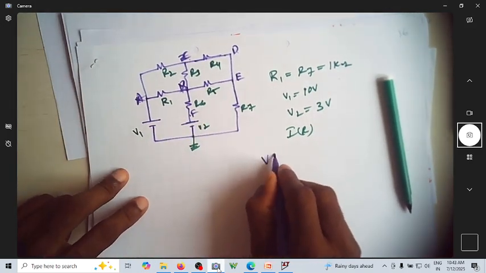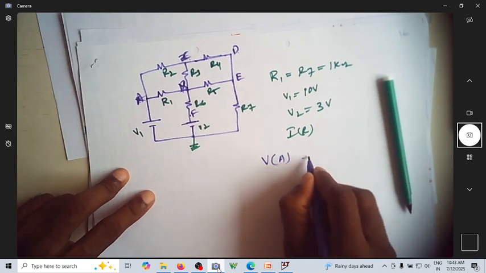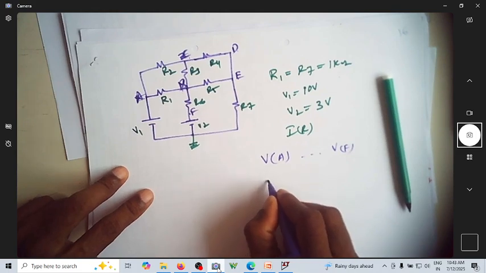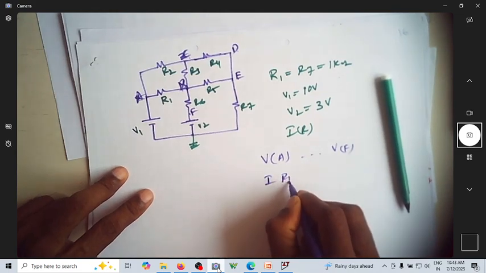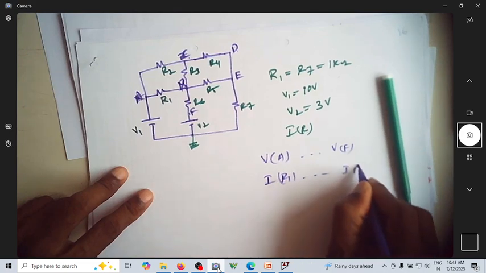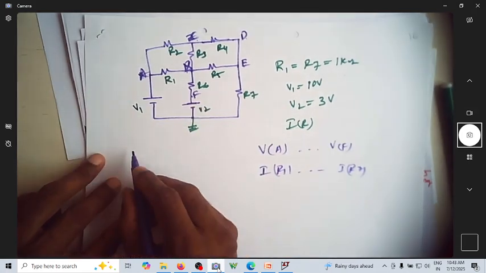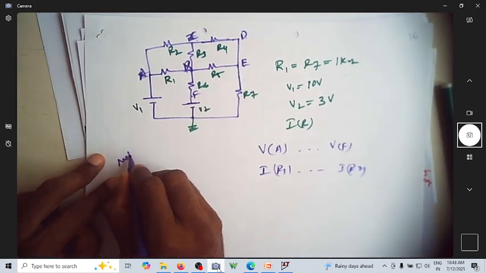So try to find V of A to V of F, and I of R1 to I of R7. Just have a look at it and try to write a netlist.